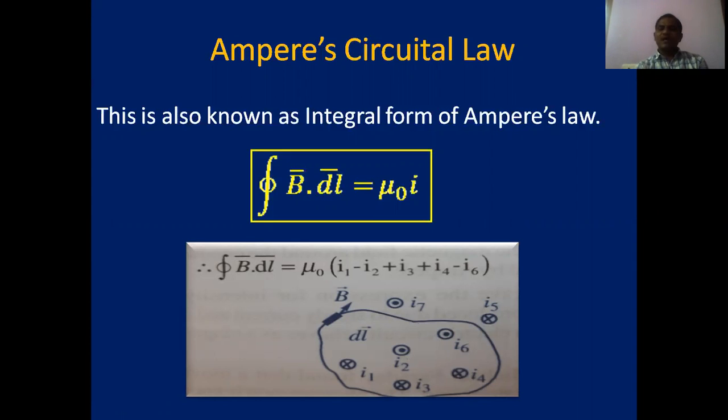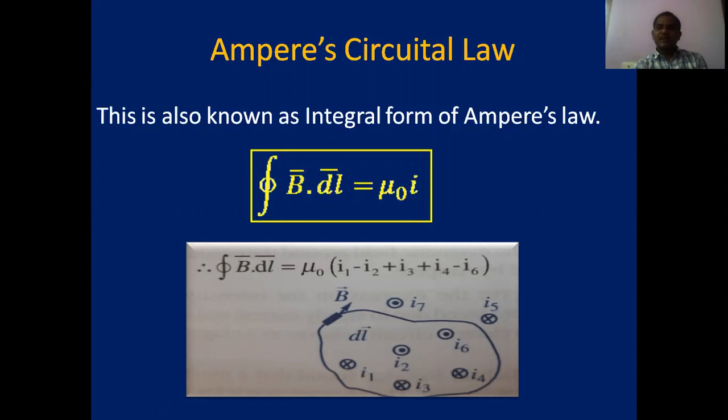So I2, I6, I7 are perpendicular to the plane in the outward direction. These are the outward currents. They are taken as positive. I1, I3, I4, I5 are denoted by the cross symbol. That represents that the currents are perpendicular to the plane of the paper in the inward direction. So inward currents are taken as negative, outward currents are taken as positive. This is the sign convention we follow.